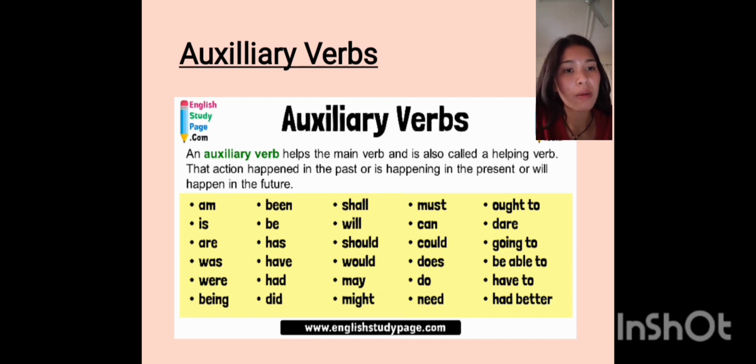An auxiliary verb helps the main verb and is also called a helping verb, so that an action happened in the past, is happening in the present, or will happen in the future. Here is a list of auxiliary verbs commonly found in a sentence: am, is, are, was, were, being, been, be, has, have, had, did, and so on and so forth.